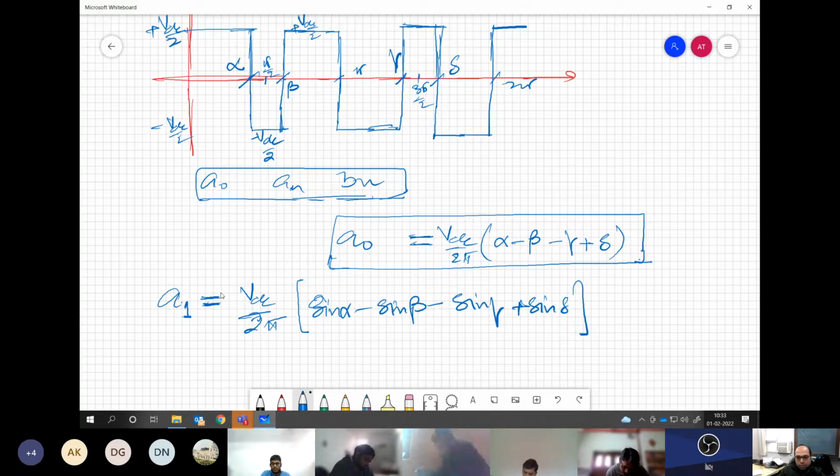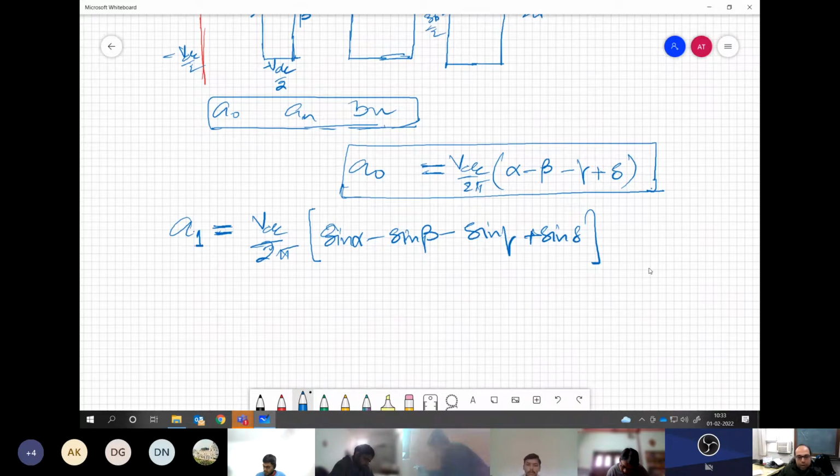Okay. Other expressions? A2, for example, and then B1 and B2.